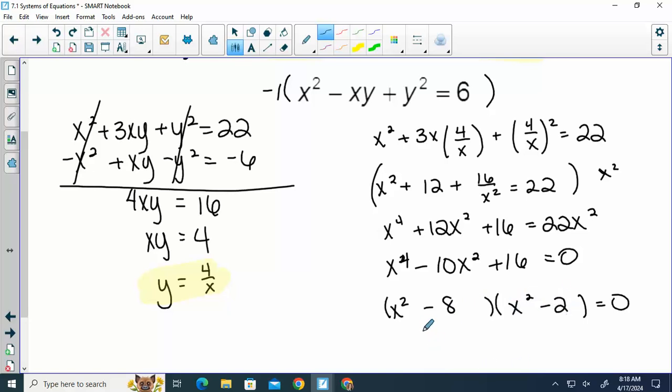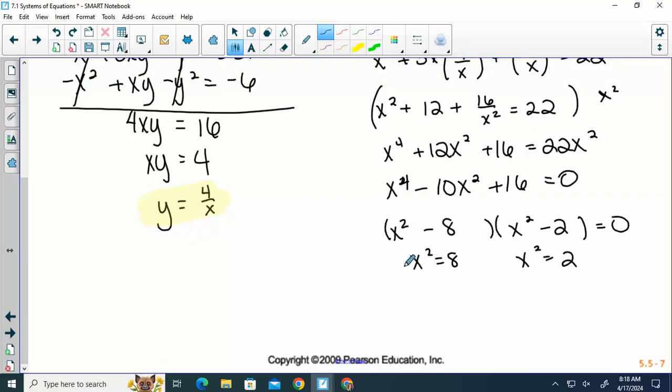If I set those equal to 0, we get x squared equals 8, and x squared equals 2. Then we have to take the square root, plus and minus. So the square root of 8 is 4 times 2, so that's plus and minus 2 radical 2.